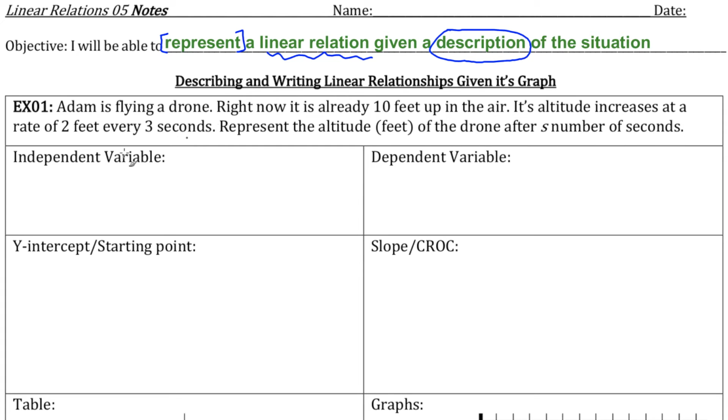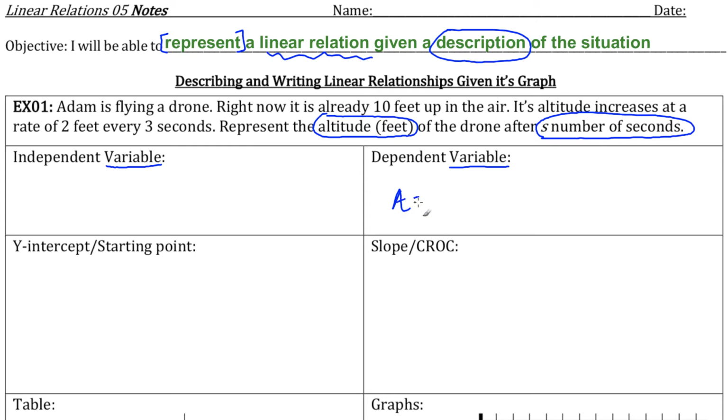So it kind of tells us our two variables here. Remember, our variable is a changing quantity, like a changing number. So represent the altitude. It says that one of them is altitude of the drone after S number of seconds. In this story, it starts with 10 feet up in the air. So it seems like we're really talking about altitude here.